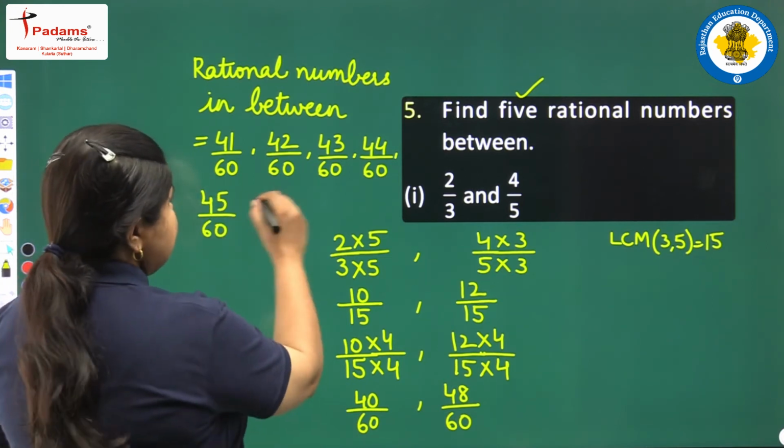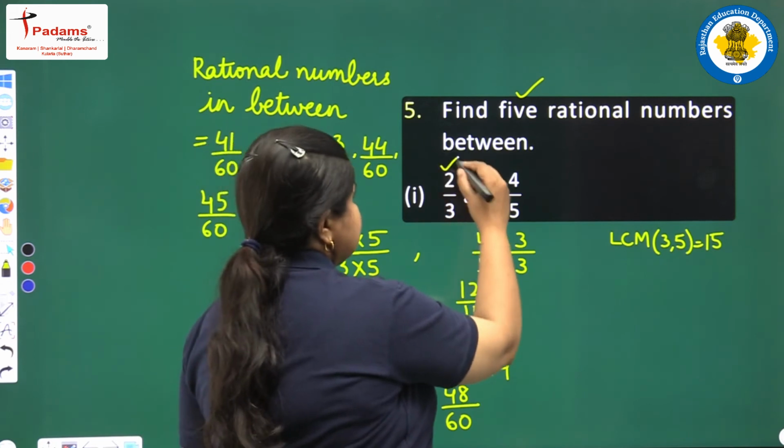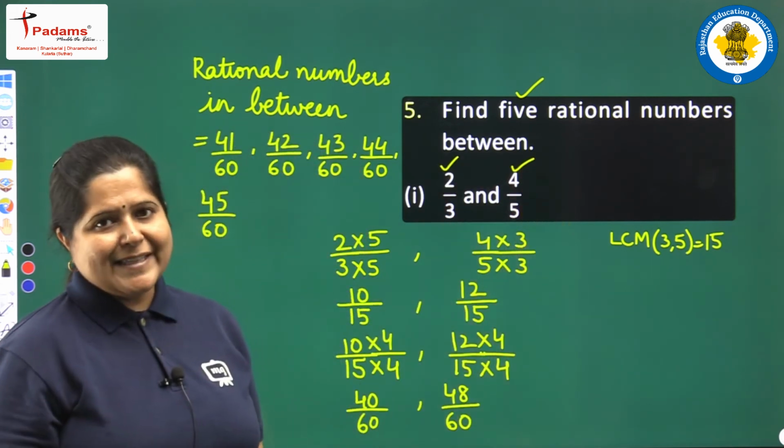So we have written 5 rational numbers between 2 by 3 and 4 by 5 in this way.